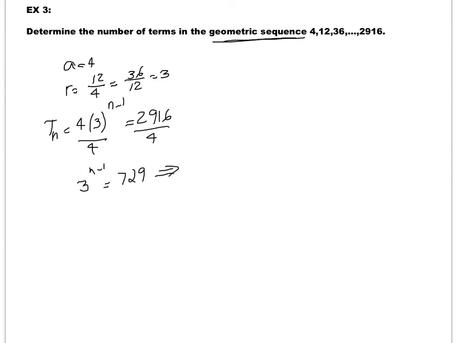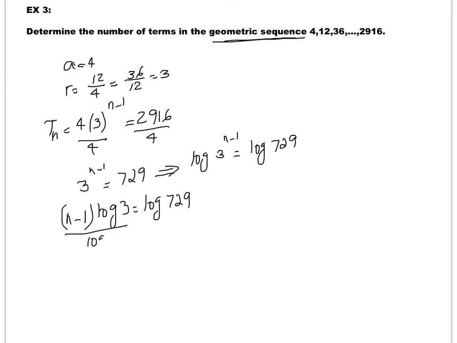If I take the log of both sides, I get the log of 3 exponent n minus 1 is log 729. Log of 3 exponent n minus 1 is n minus 1 times log 3, which is log 729.